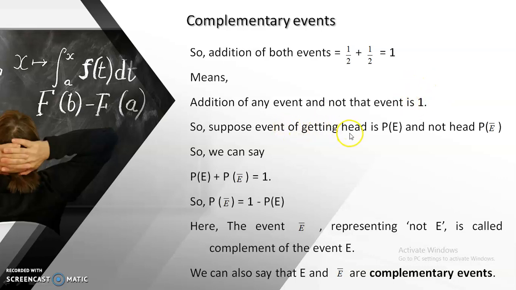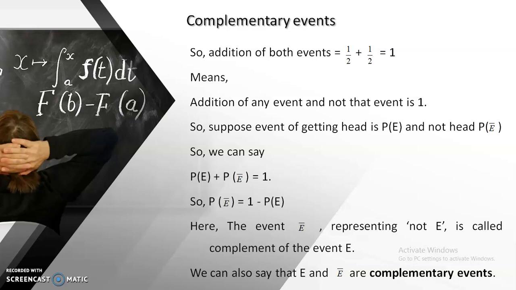Suppose the event of getting head is P of E, and not head is P of E bar. E bar means complement.